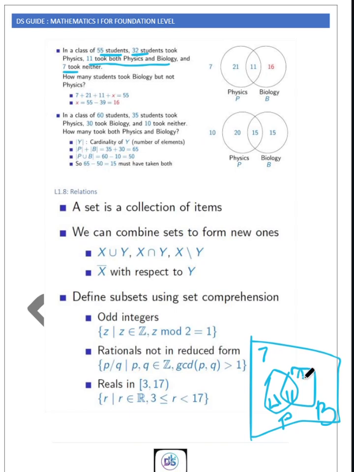And I have to find the number of students who have chosen biology. I'm already told the class strength, which is 55.